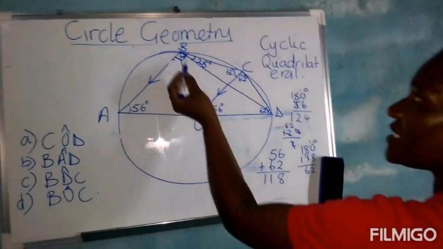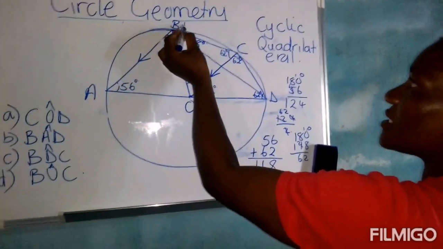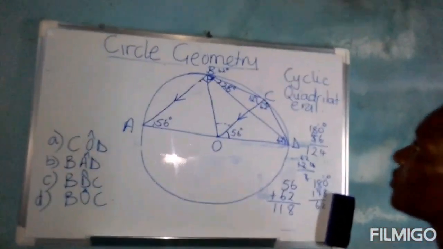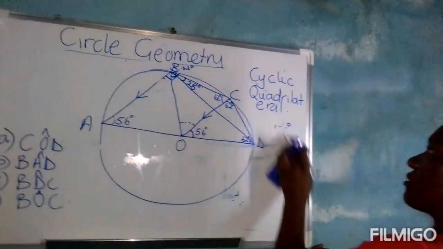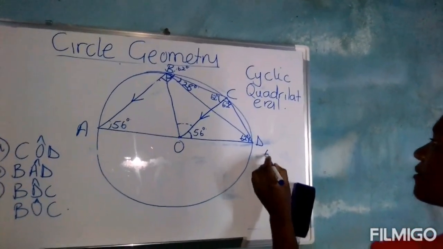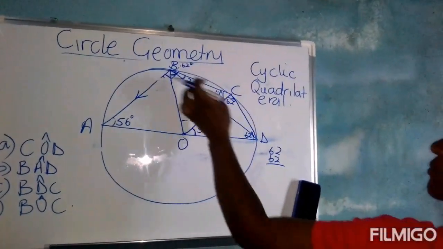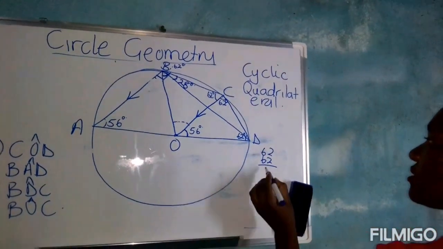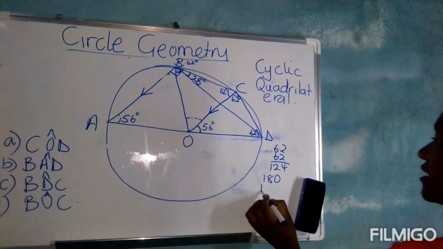So this angle is 62 degrees. To get this angle, we are saying 62 plus 62 from 180. 62 plus 62, we have a triangle there. 62 plus 62 to get 124 from 180.